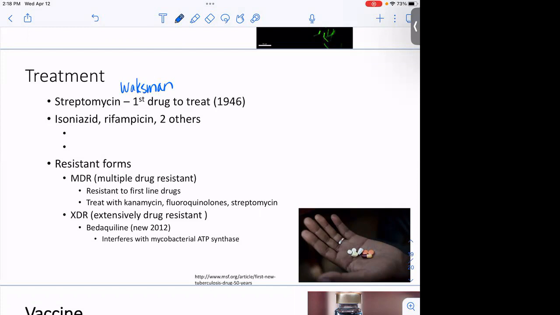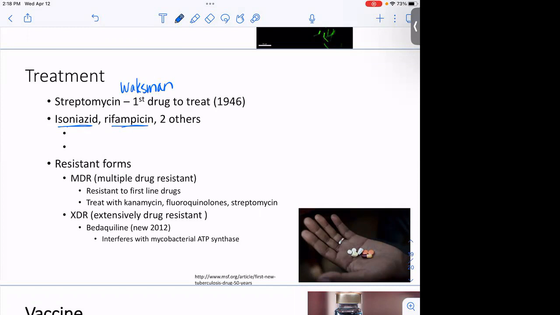So today, there's two drugs that we always use, isoniazid and rifampicin. Remember, isoniazid was the one that targets mycolic acid synthesis. So that's a pretty narrow spectrum for any mycobacterium. Rifampicin was the one that made your urine turn orange. It was an orange pill.